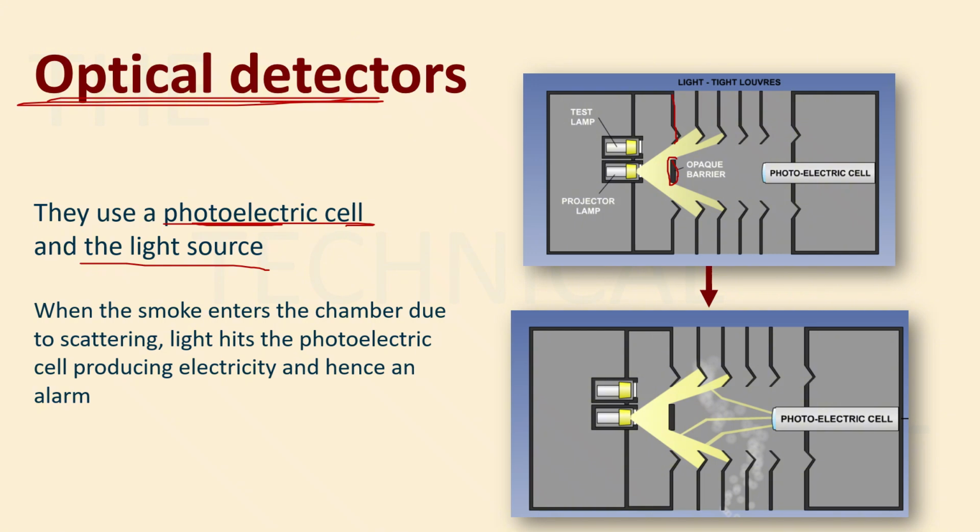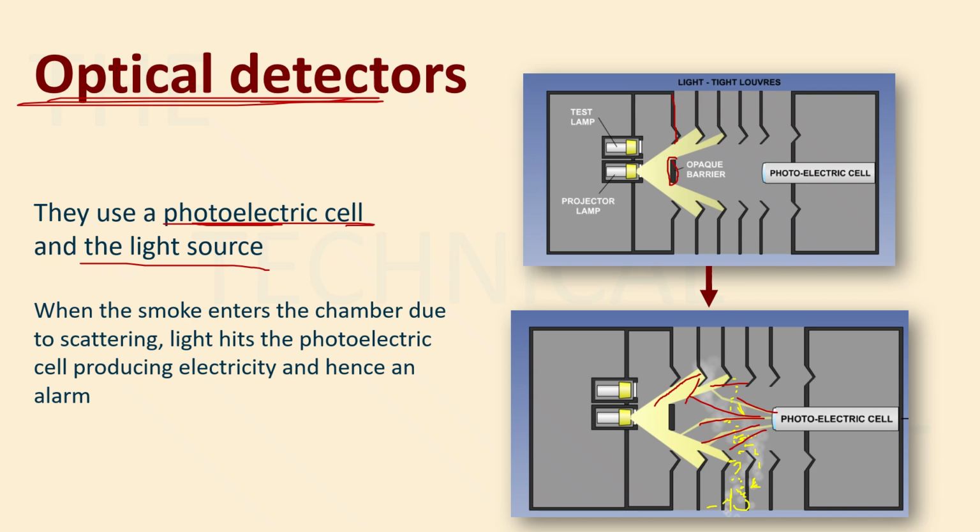But if there is smoke entering the cabin, in the second image you can see that the smoke has entered the cabin, and this smoke has caused what? Scattering of light, right? The light will scatter because of these smoke particles. The light will go here and there, it will bounce, and some light will reach your photoelectric sensor.